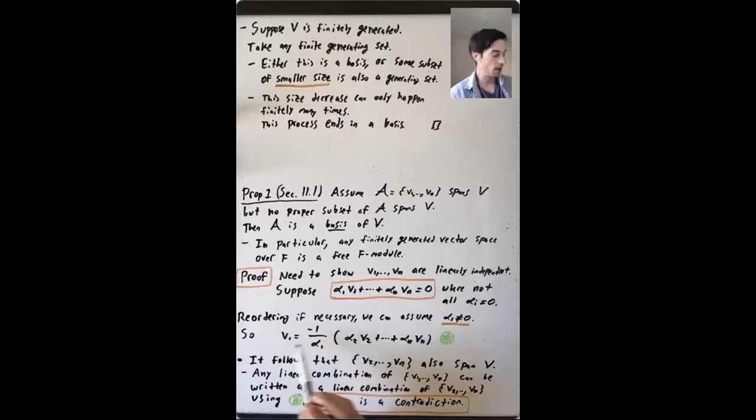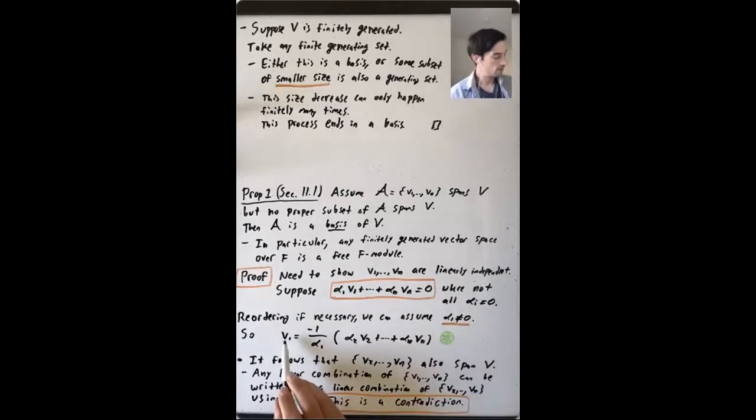That means that v1 is equal to minus 1 over alpha 1 times (alpha 2 v2 plus ... plus alpha n vn). We've already seen this argument pretty much exactly when we were talking about R modules and showed that, for a vector space over a field, being linearly independent was the same as not being able to write one of your vectors as a linear combination of the others. So anyway, this should feel familiar.